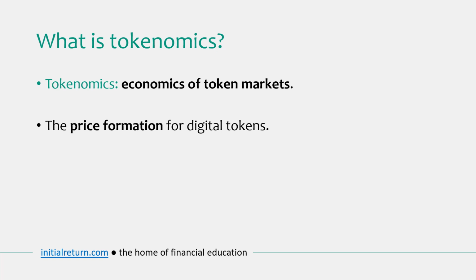When we talk about stock markets, it's all about how prices for stocks are defined within a stock market. And tokenomics aims to understand how prices of cryptocurrencies or other digital tokens are formed in market equilibrium.